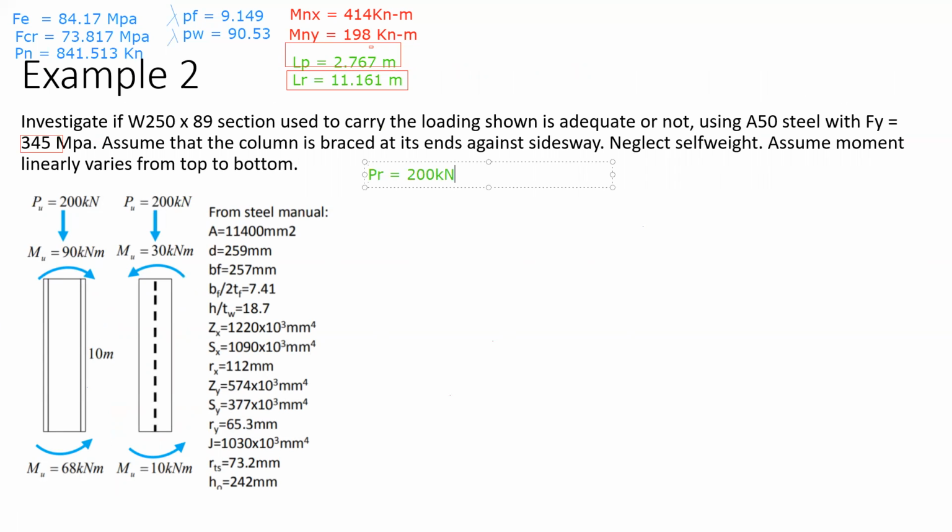And then we have PC, which we solve as 0.9 times FCR, the critical F, times AG. So, 0.9, and FCR is 73.